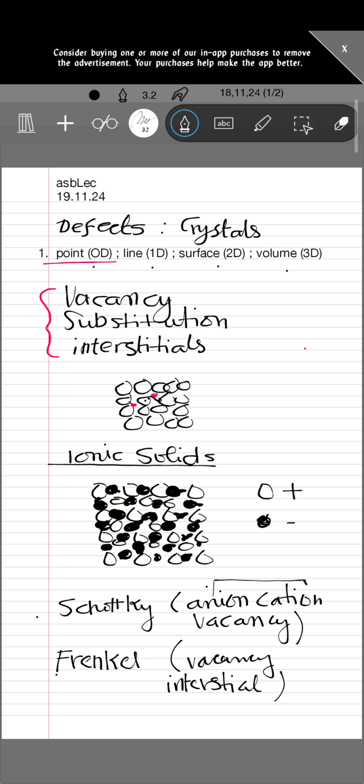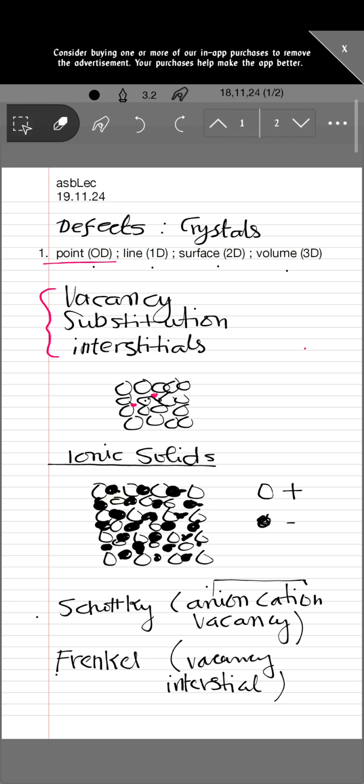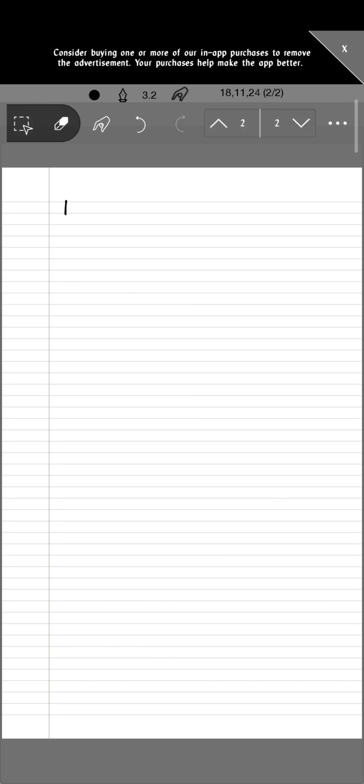Next most common type of defect is, as already discussed, dislocation, which is absence of half plane of atoms.